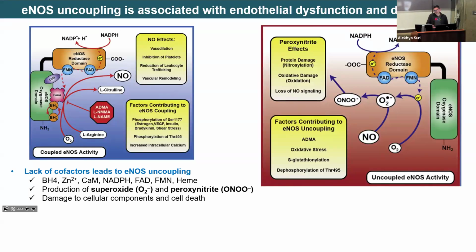But if there are situations in which the cofactors are absent, right? So the zinc ion, BH4, calmodulin, if any of these is absent, the enzyme cannot properly couple, and that leads to the production of superoxide. But the problem is that superoxide is a really, really reactive oxygen species.